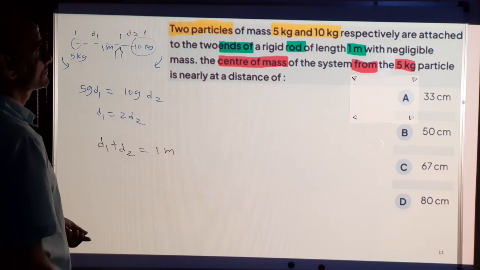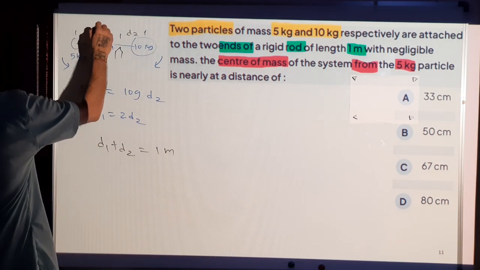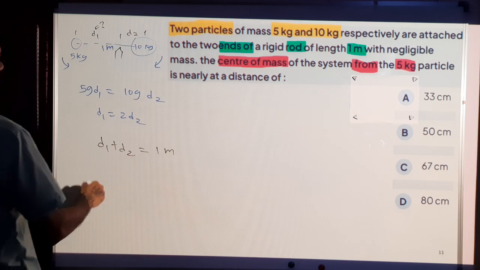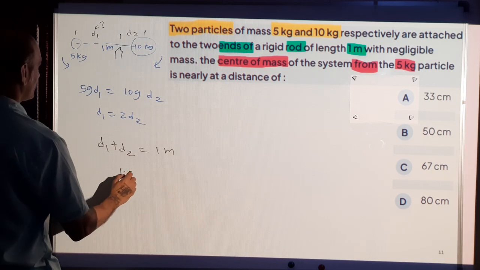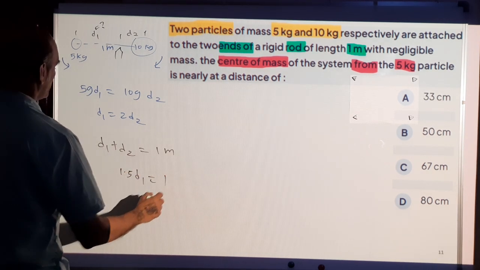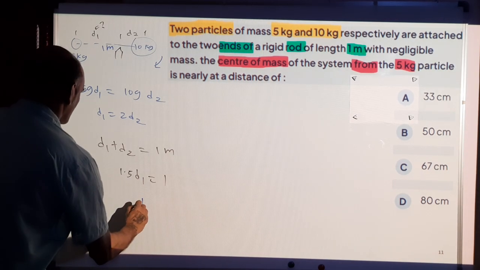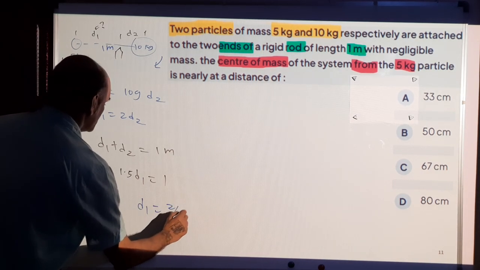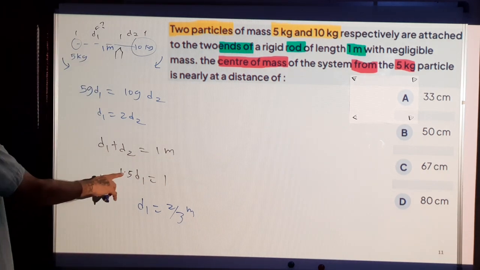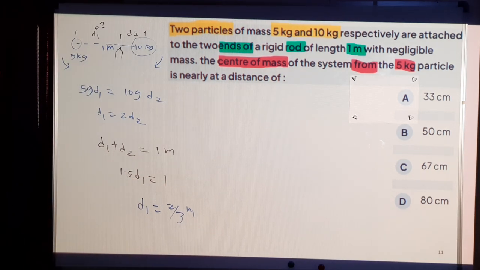We have to find the center of mass from the 5 kg, so that is d1 we have to find out. So eliminate d2. So 1.5 d1 is 1 meter. So that means d1 is 2 by 3 meters. This is 3 by 2; if it goes this side, it becomes 2 by 3.